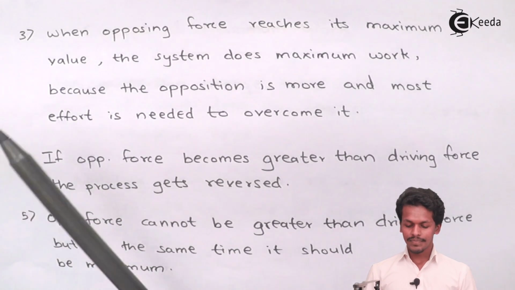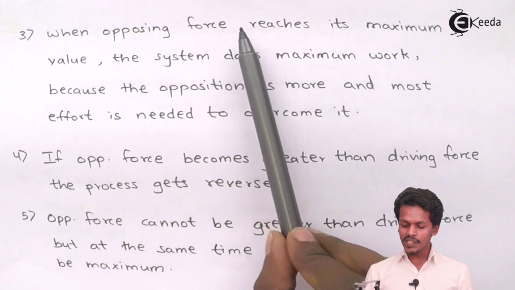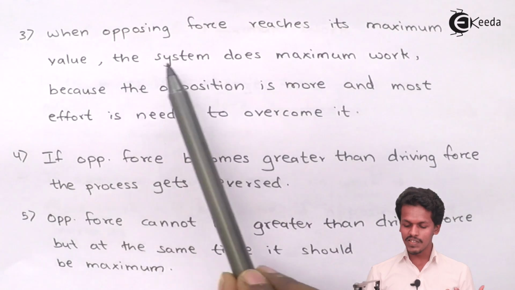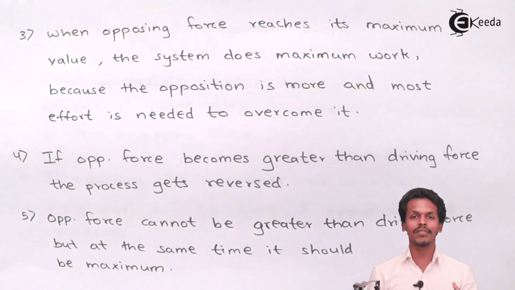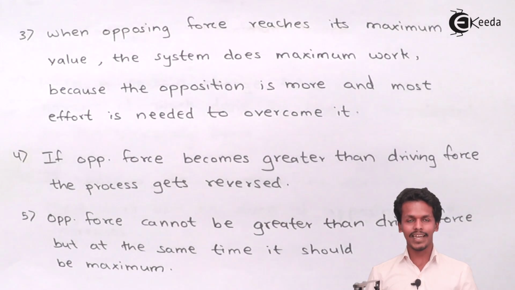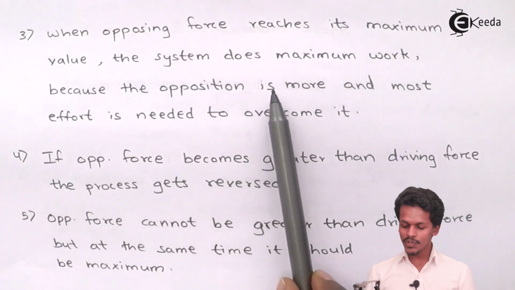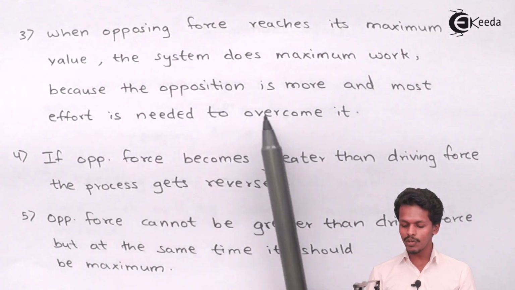When the opposing force reaches its maximum value, the system does maximum work. That is what we discussed in the second point of this concept of maximum work. Because the opposing force is more, more effort is needed to overcome it.